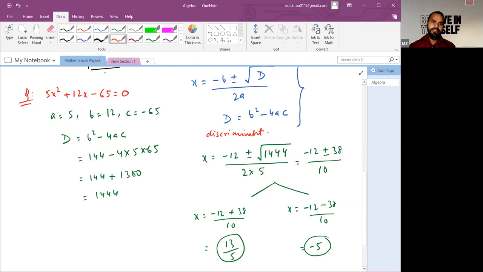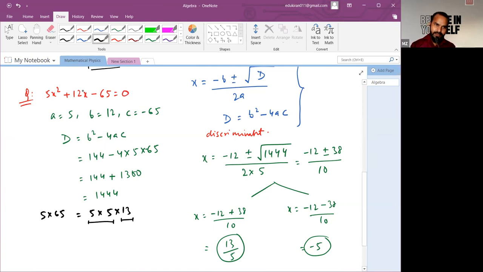You may use the middle term splitting method. Just take the product of 5 and 65. So it will be 5 into 65. You may break this particular term as 5 into 13. So these two terms would be 25 and this term would be 13.